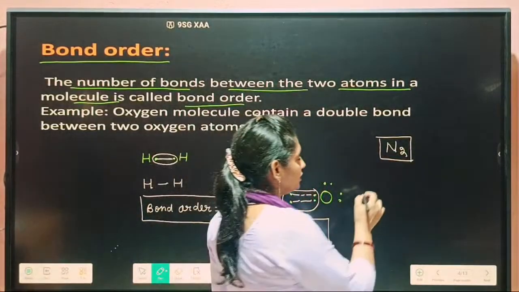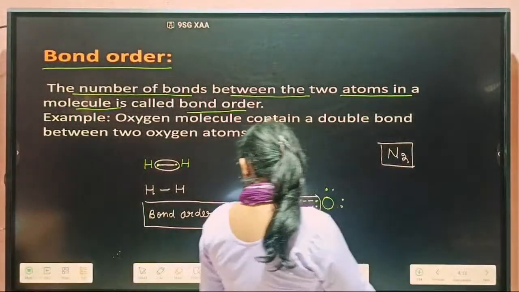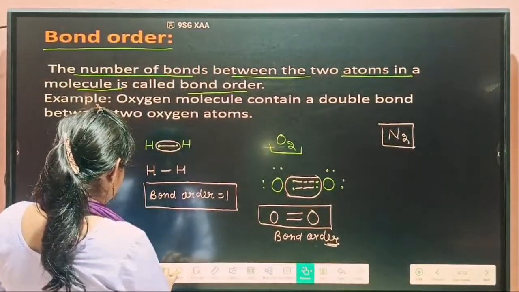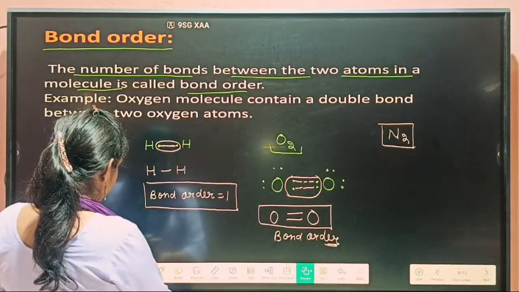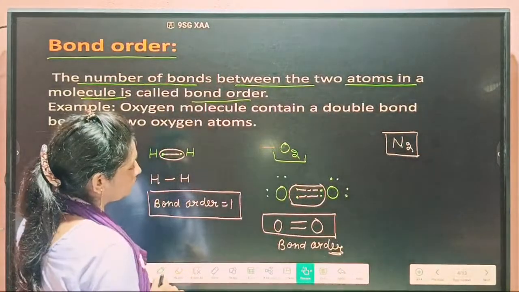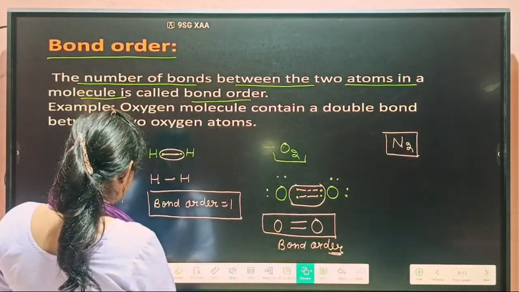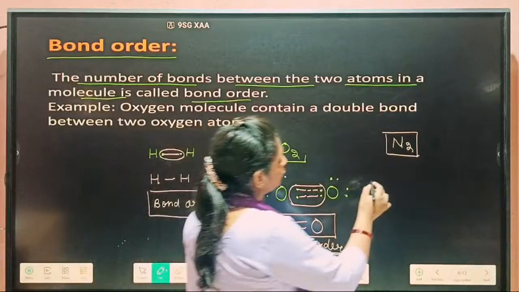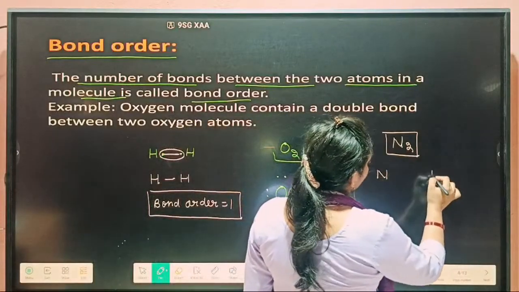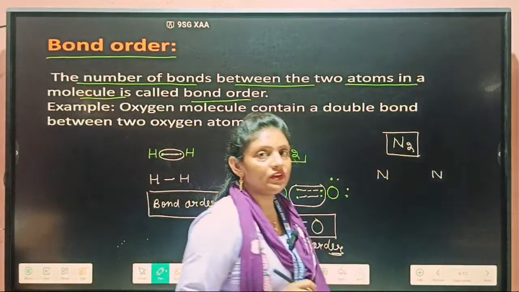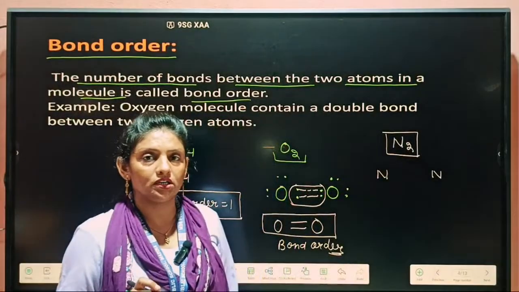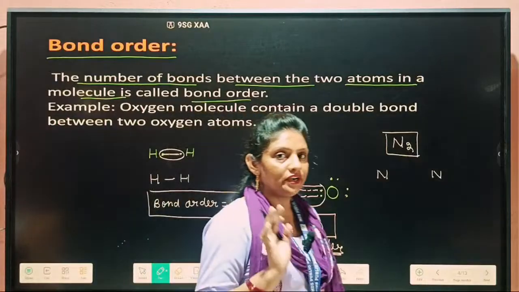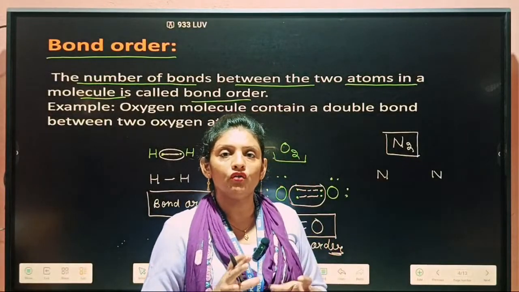So students, here 2 nitrogen, one is this one and one is this one. You know very well about the atomic number. Atomic number of nitrogen is 7, so its configuration will be 2, 5.